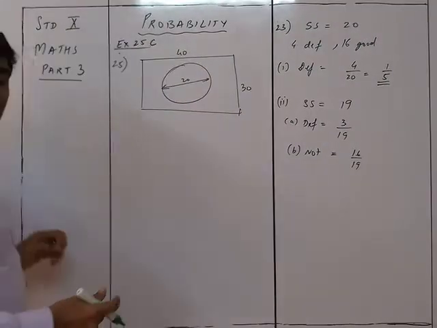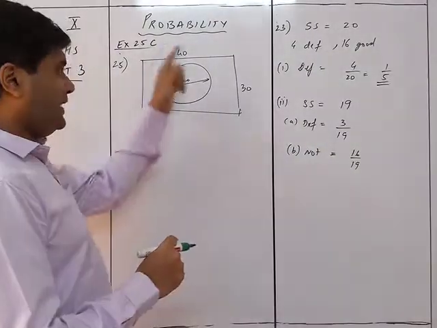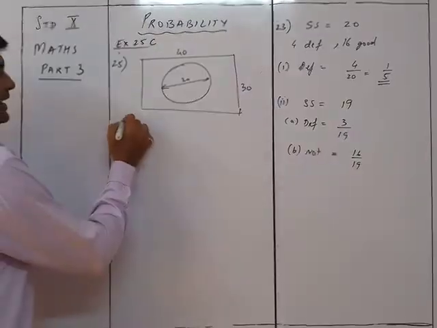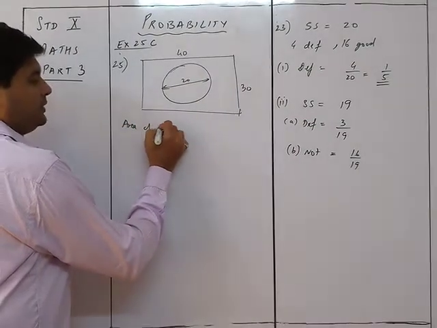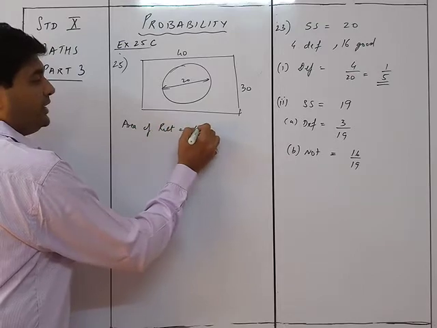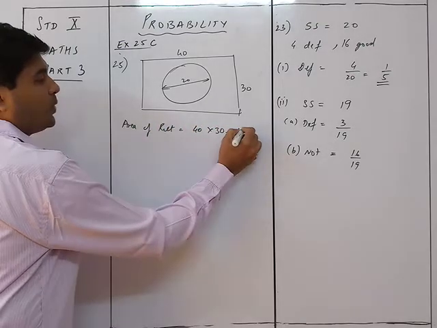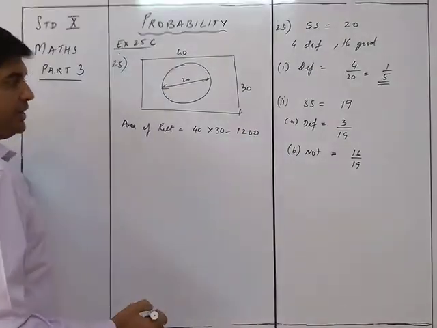So for this you will need to find out the area, because the total area of the rectangle is equal to 40 into 30, which is 1200.